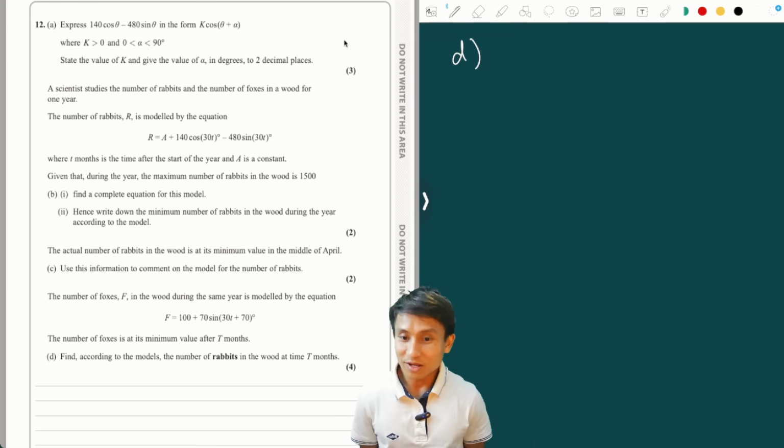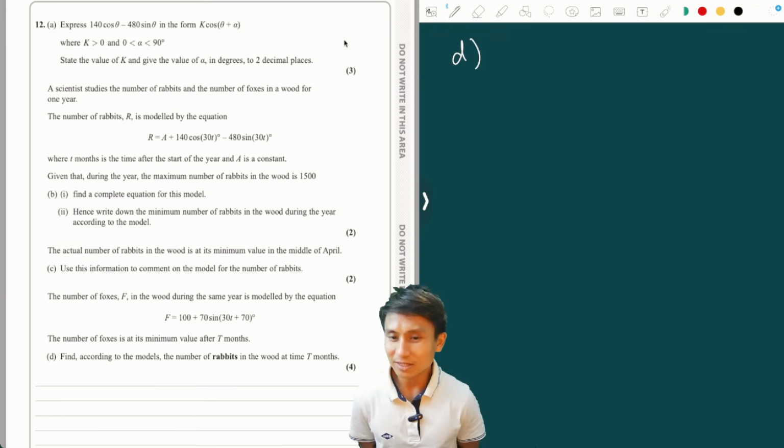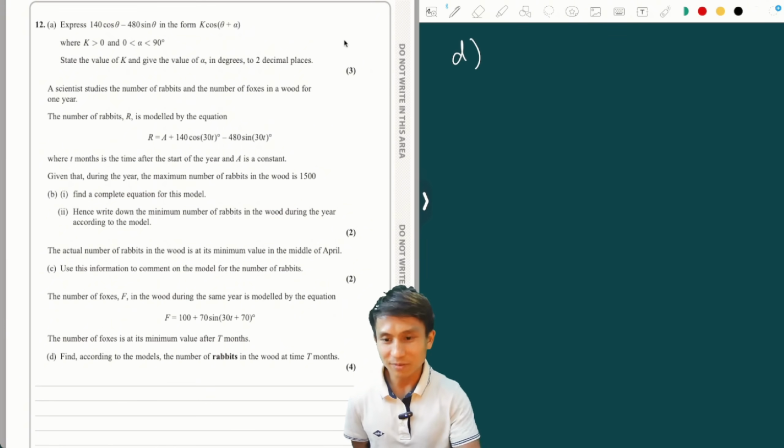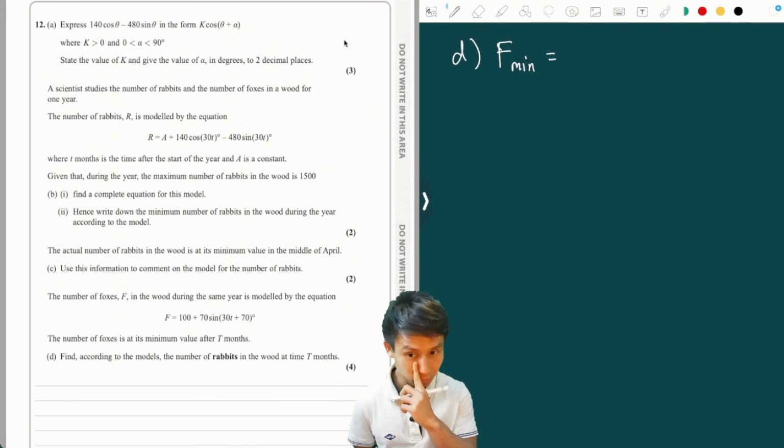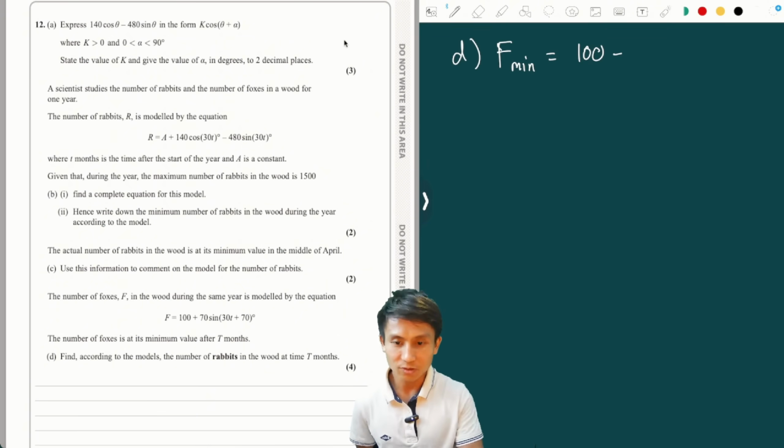Let's find the minimum foxes first. The minimum occurs when the sine function goes to -1, right? So that's 100 minus 70, which is 30.